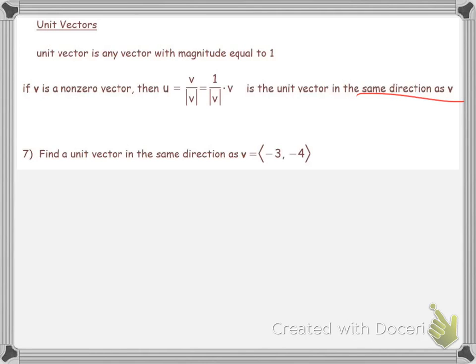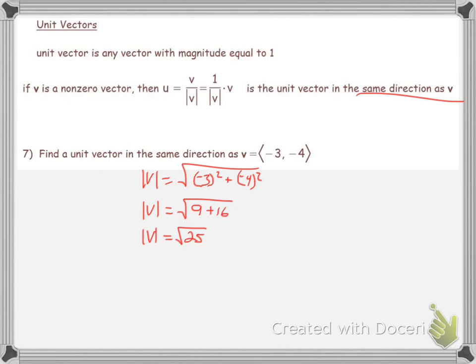So for this one, I first have to find the magnitude of v, and that's going to be the square root of negative 3 squared plus negative 4 squared. So that's going to be the square root of 9 plus 16, which makes the square root of 25, which becomes 5.